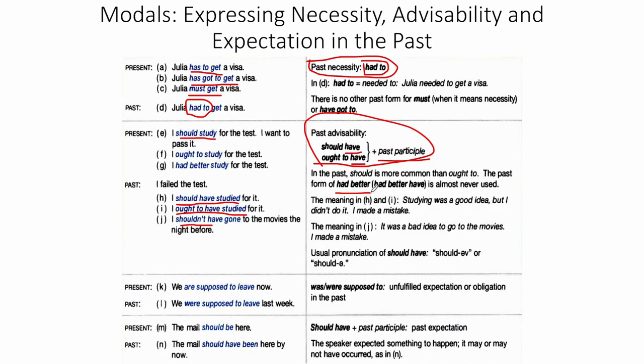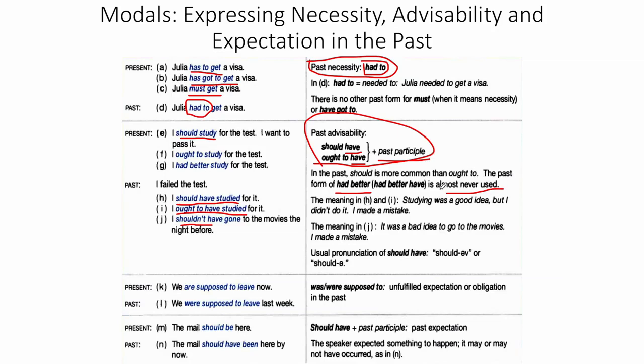If you remember, we have also said before in part 1 that we can use the modal had better for expressing advice. Now, if you want to talk about advisability in the past, there is no possibility of using had better. It's almost never used. It doesn't exist. We don't say that.